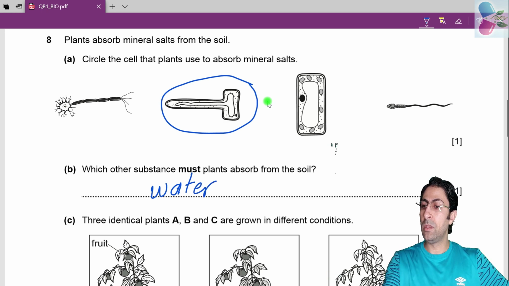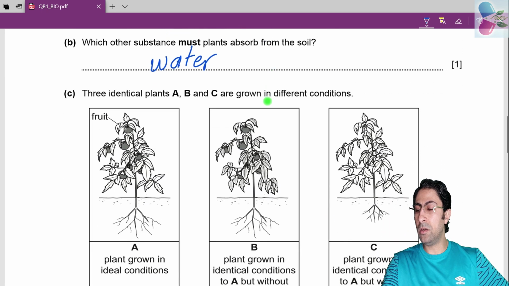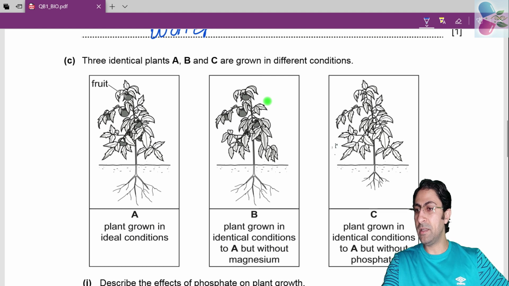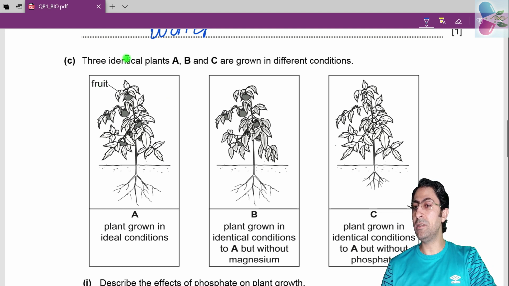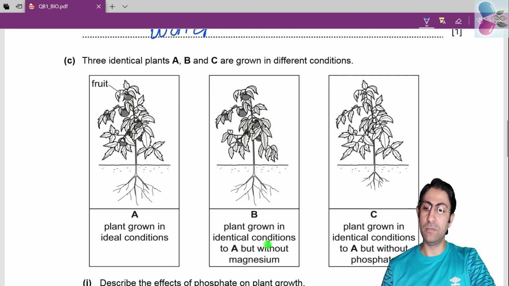That's correct. If we go for point number C, it says that 3 identical plants A, B, C are grown in different conditions. Here, plant A is grown in ideal conditions. As we see here, it has proper growth and the fruits are well ripened. And here, plant B is grown in identical conditions, same as A, but without the magnesium.